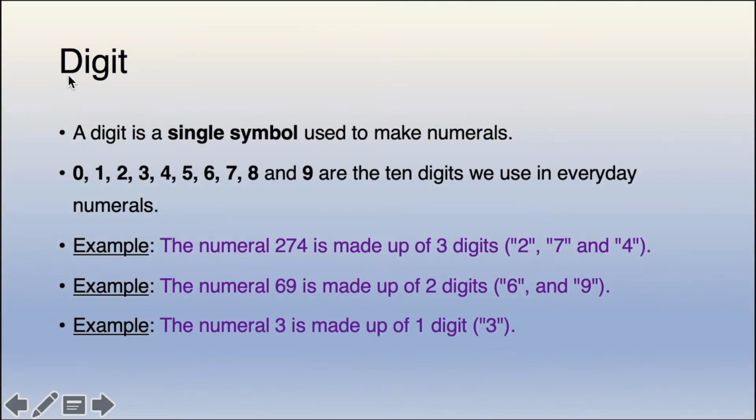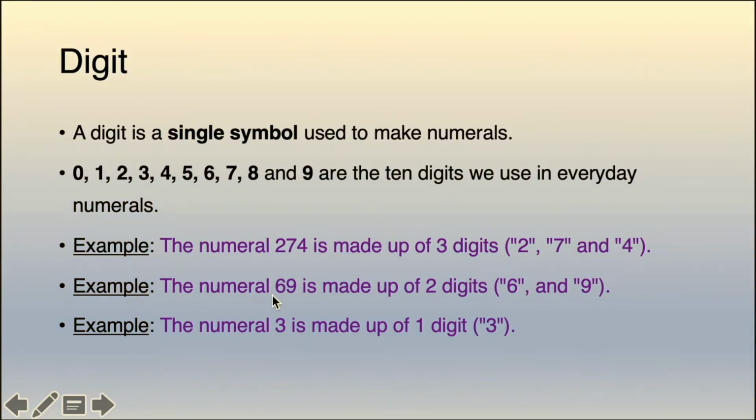Now, what is a digit? A digit is a single symbol used to make numerals. So digits 0, 1, 2, 3, 4, 5, 6, 7, 8 and 9. All these are used in everyday numerals. So the numeral 274 is made up of 3 digits, digit 2, 7 and 4.